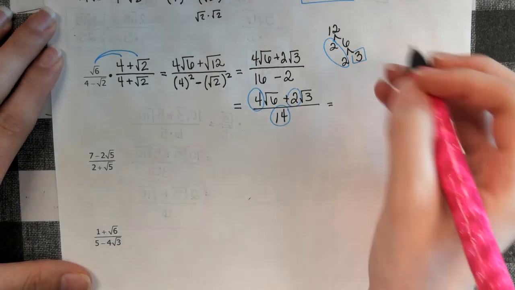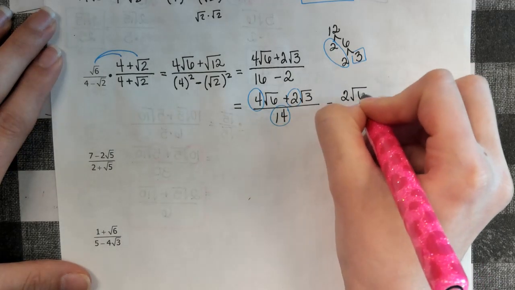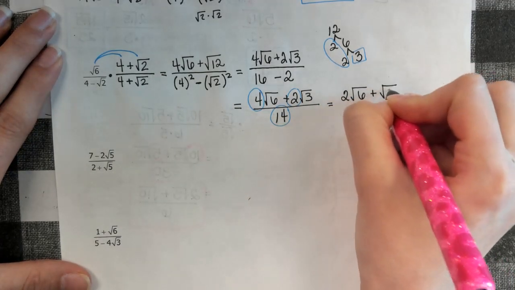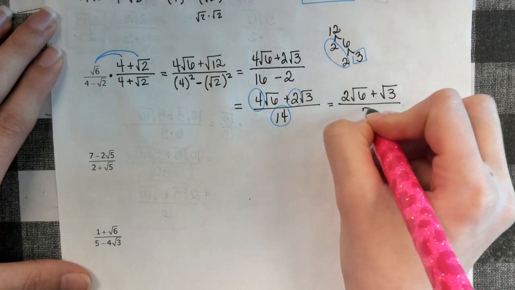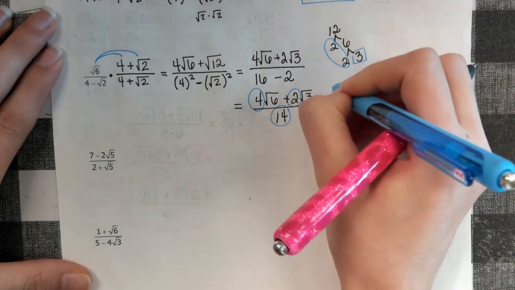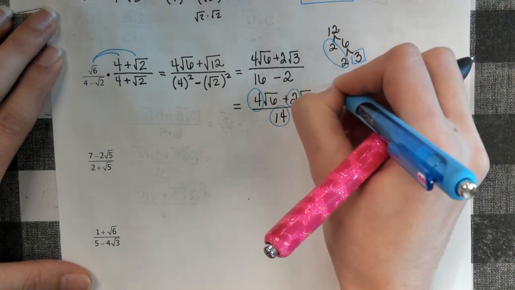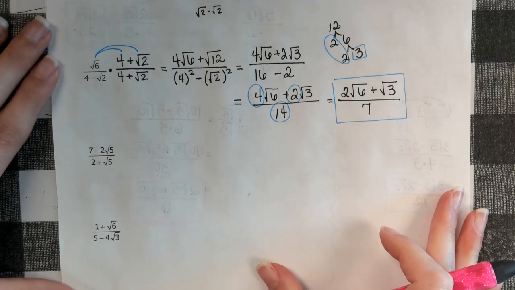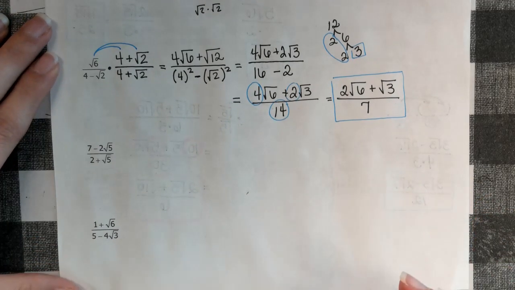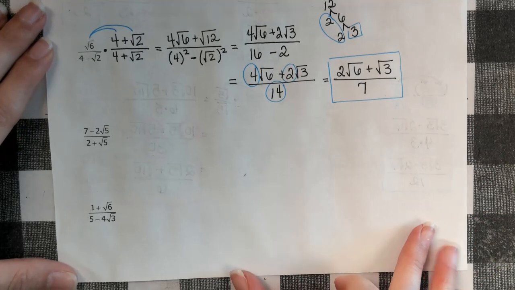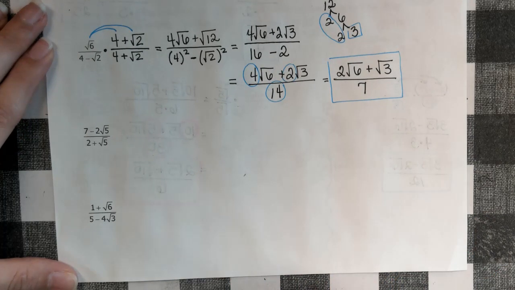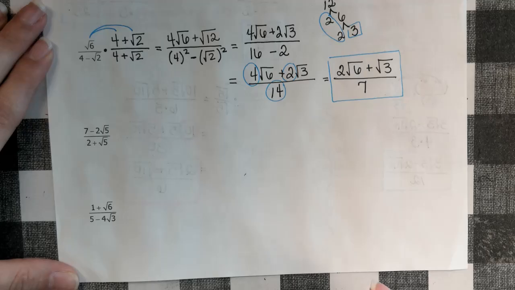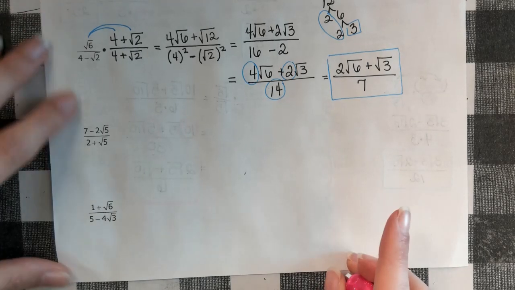So that leaves me with 2 square root of 6 plus square root of 3 over 7. Y'all understand what the conjugate is? Okay. All right. I want you to try the next one on your own.